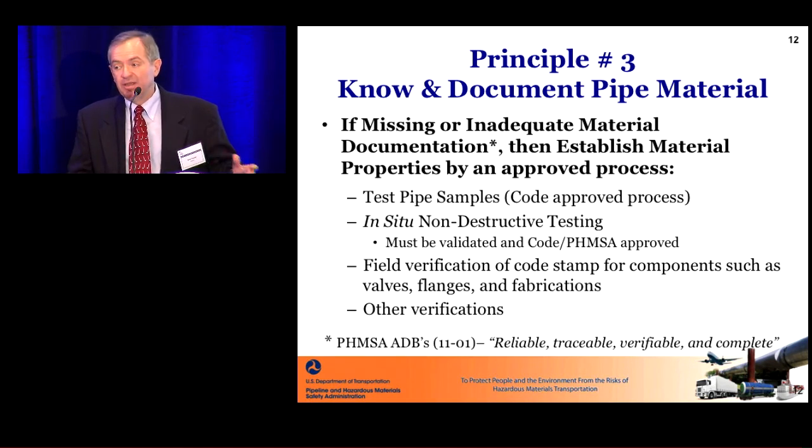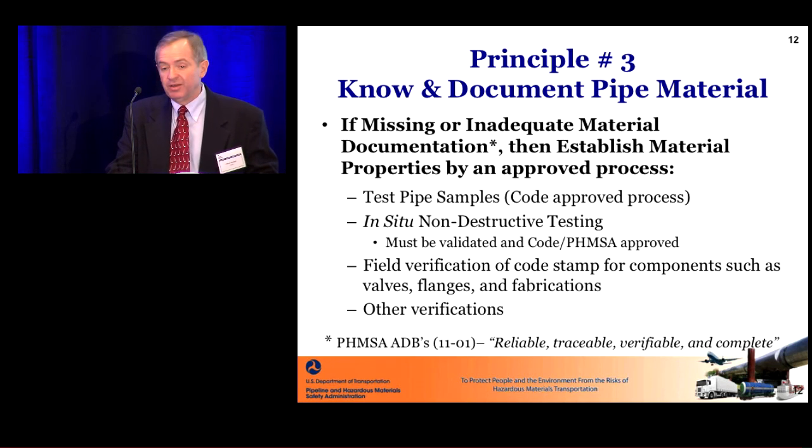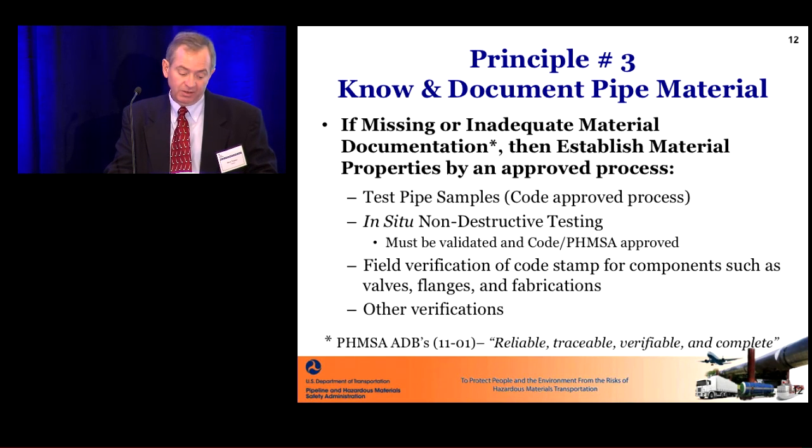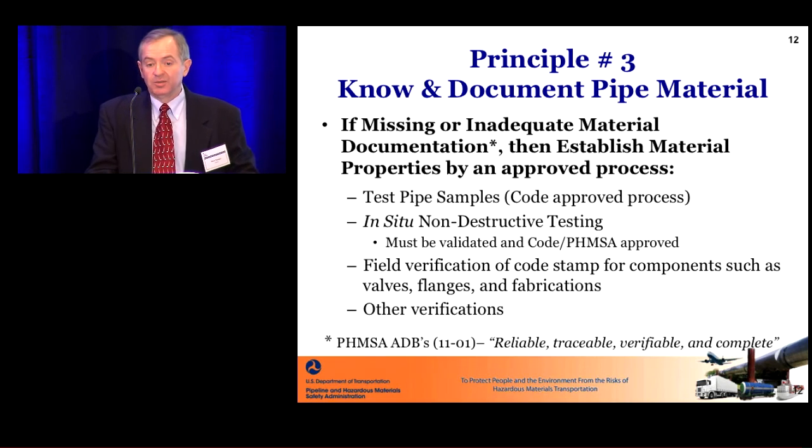What I'd recommend, if you've got these issues, is I would not wait for a code. PHMSA will gladly work with you as far as coming up with criteria that would meet whatever we're looking at going forward. We have worked with some operators that have had this issue, and we have put in situ non-destructive processes in place.